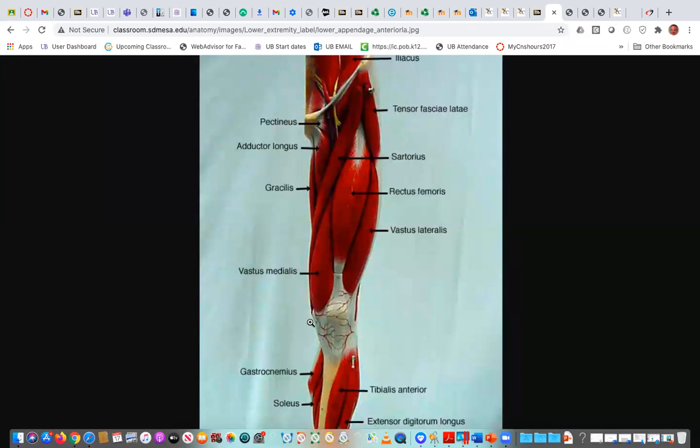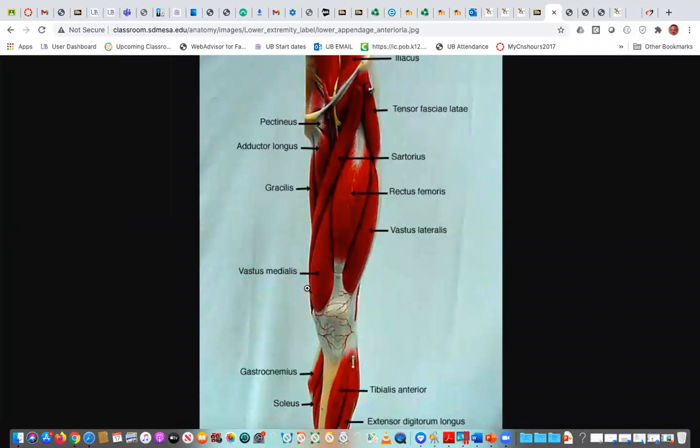The pes anserine translates to goose foot, okay, the foot of a goose. And it's actually attachment of three muscles, three tendons attach here. The sartorius, the gracilis, and then one on the posterior, it's a hamstring called the semitendinosus. So the semitendinosus, gracilis, and the sartorius all have the same common insertion on the pes anserine.